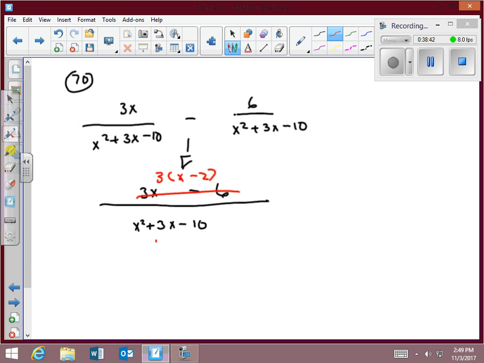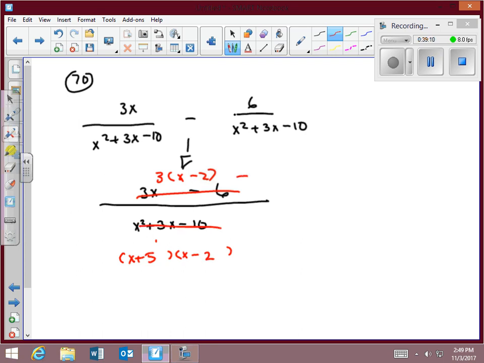Does it factor? Well, if it does, it's a pair of binomials with an x and an x, and the signs are what? Plus and minus. Two numbers whose product is 10, whose difference is 3, is what? 5 and 2. And the 5's got to be positive, and the 2's got to be negative.